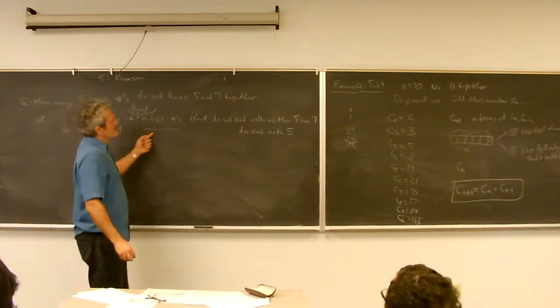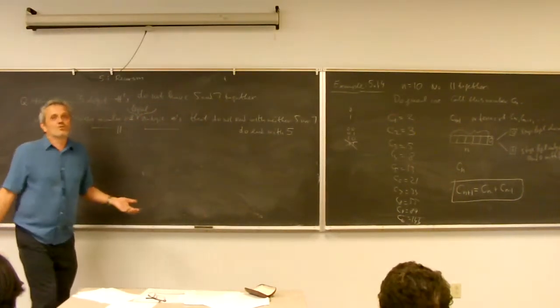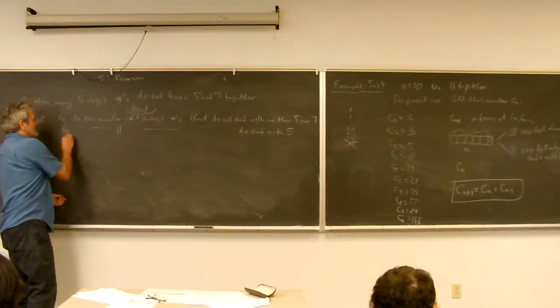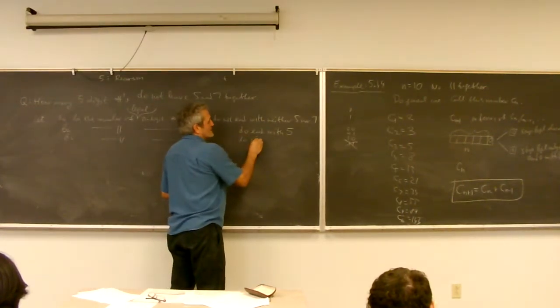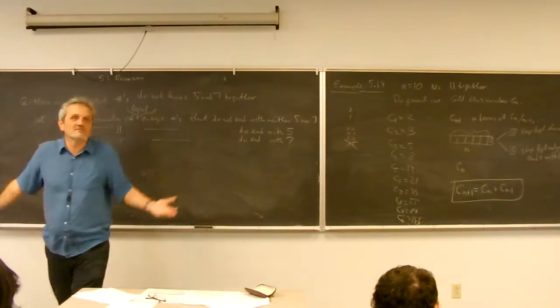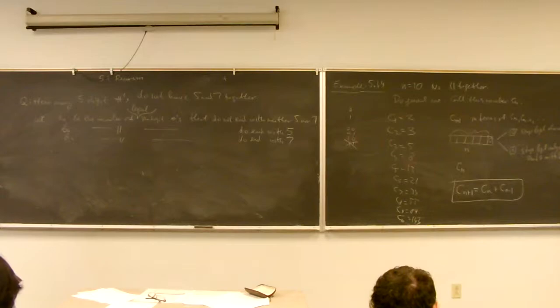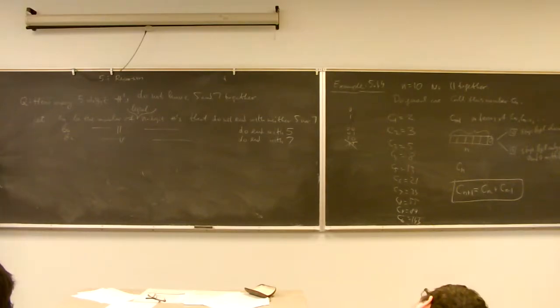And Bn is legal, but ends with 5. And of course, the same thing, Bn is the count for those that are legal, but do end with what? 7. That's the same count, because 5 and 7 have no different properties for this problem. Okay? So what then?